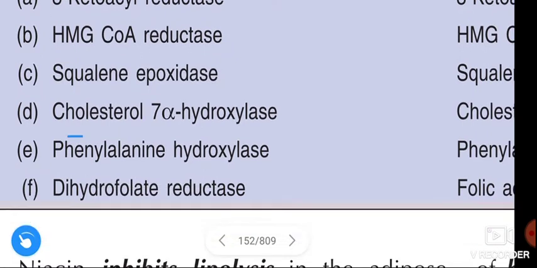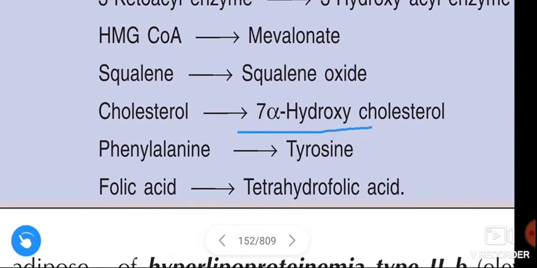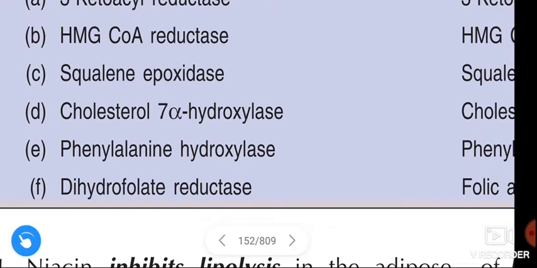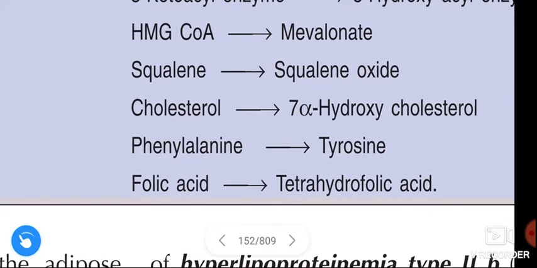Next, cholesterol 7-alpha hydroxylase, cholesterol to 7-alpha hydroxycholesterol. Next, phenylalanine hydroxylase, phenylalanine to tyrosine.